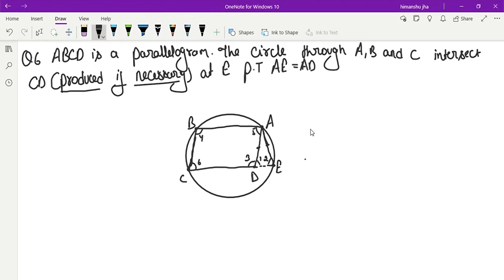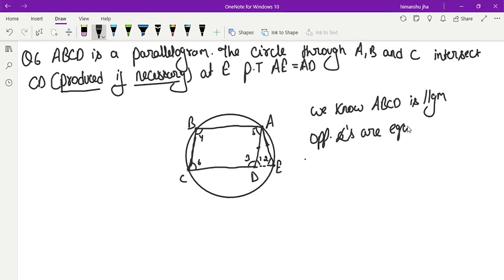Now in a parallelogram, opposite angles are equal. We know ABCD is a parallelogram. If ABCD is a parallelogram, opposite angles are equal, which means that angle 3 is equal to angle 4.